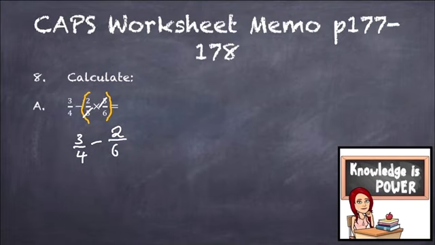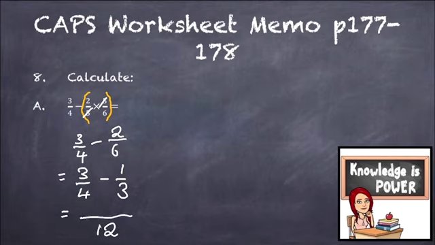Before I do anything here, let's simplify it a bit further. 3 over 4 minus 1 over 3. Okay, now I've got to find the common denominator, and that, people, is going to be 12. 4 times 3 is 12, so 3 times 3 is 9, 4 times 3 is 12, so 1 times 4 is 4. So I'm left with 5 over 12 as an answer.